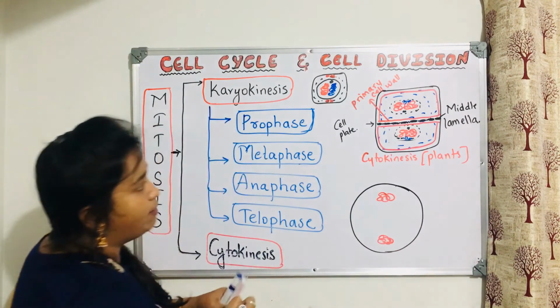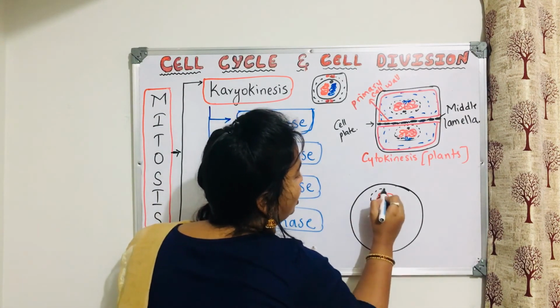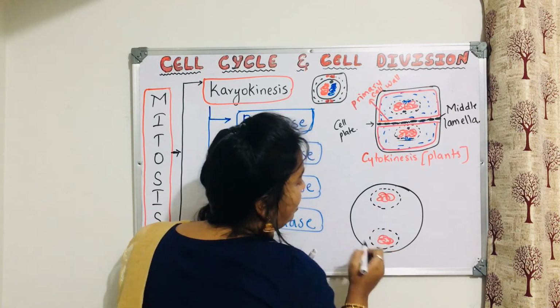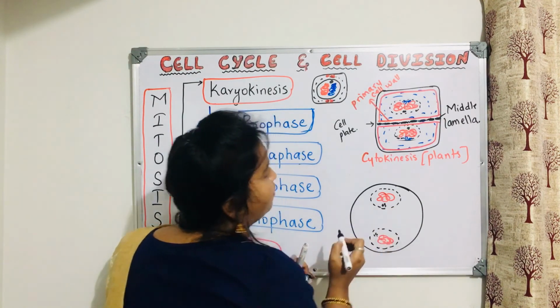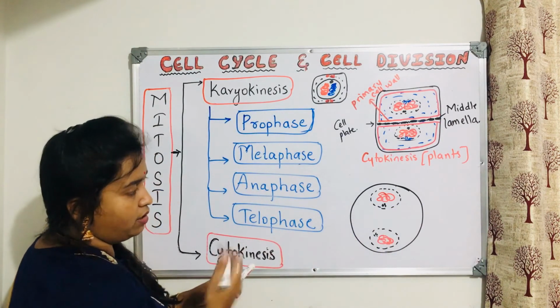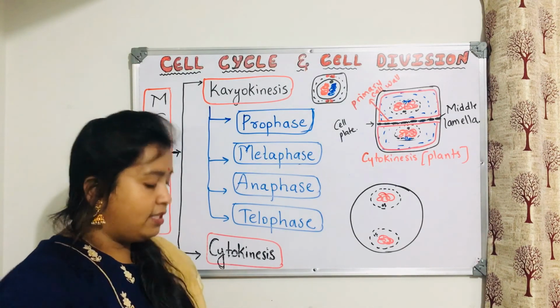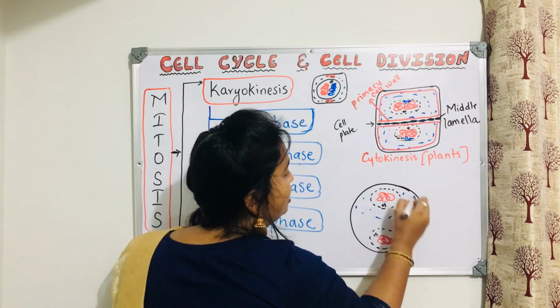This is telophase of the animal cell. The nuclear envelope has started growing again, and nucleolus formation is also found like this. The spindle fibers have disintegrated, and the cytoplasmic content is also equally distributed.